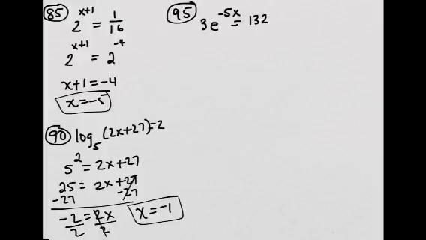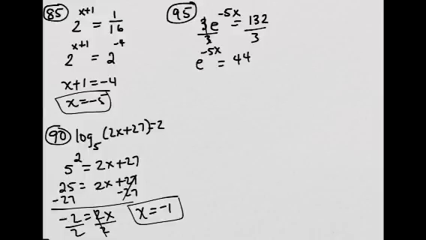Alright, so we're going to solve 95 algebraically and then round the answer to 3 decimal places. So first thing I'm going to do is divide by 3 to isolate the e to the negative 5x. So now I have e to the negative 5x equals 44. Okay, so I can't do 95 like I did 85 because I cannot get the bases to equal on each side.